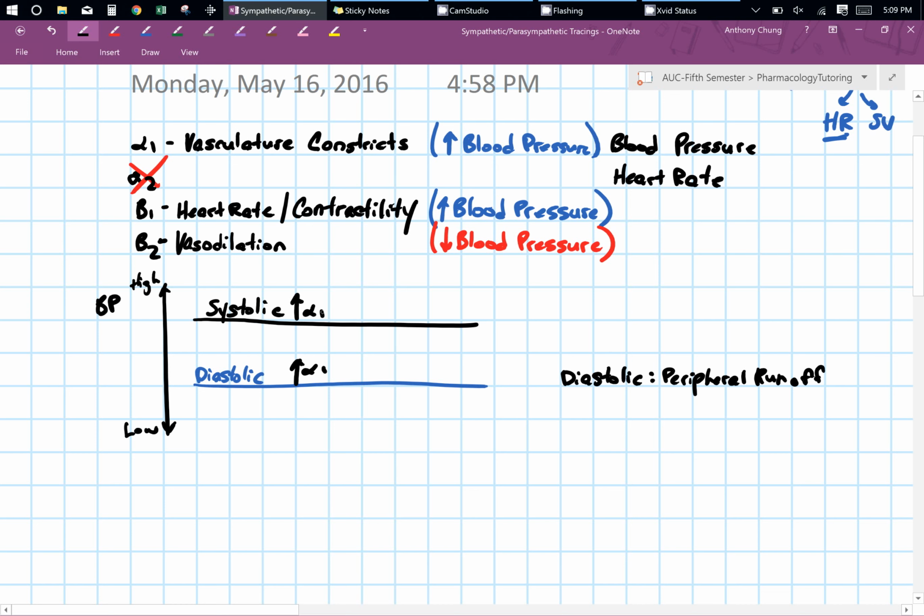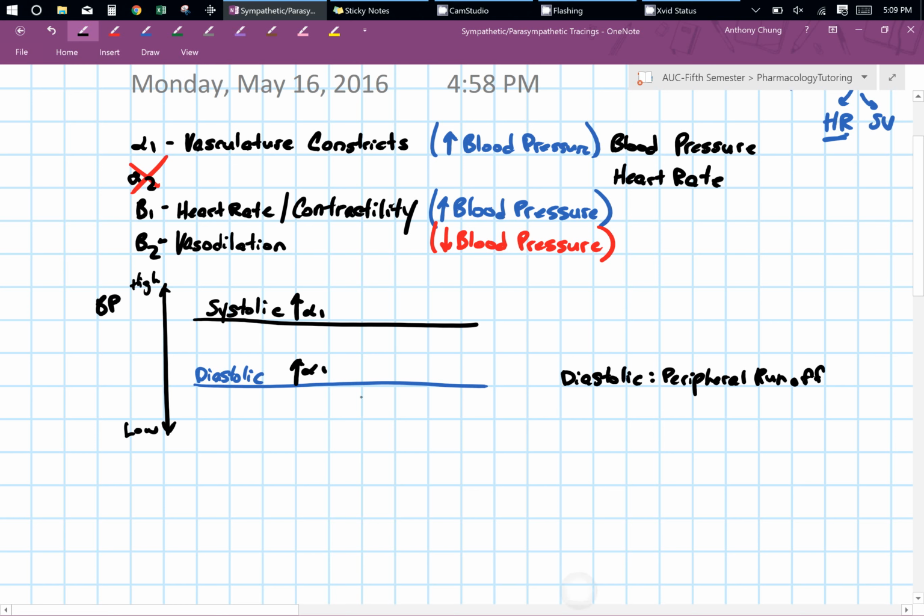So now the question is, beta 1. What does beta 1 do? Is beta 1 affecting total peripheral resistance? No, it's not. It's not affecting the vasculature at all. It's making the heart contract harder and beat faster. But what does that affect? That doesn't affect diastolic, does it?